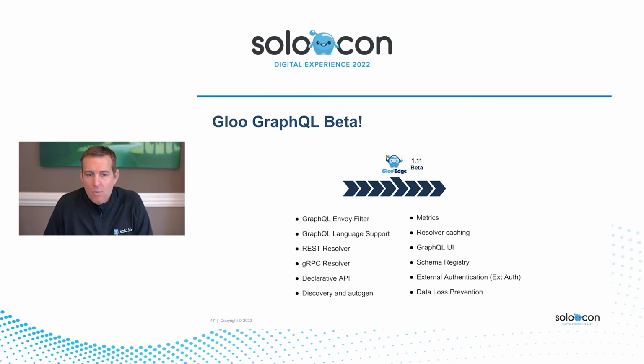As Sai mentioned, we've got the Envoy filter and the language support he covered, support for REST and gRPC resolvers, that really nice declarative API that's just a minimal level of config to get GraphQL APIs wired up and ready to consume for your front-end teams. Really helpful productivity tools like discovery and auto generation of GraphQL APIs from OpenAPI upstreams.